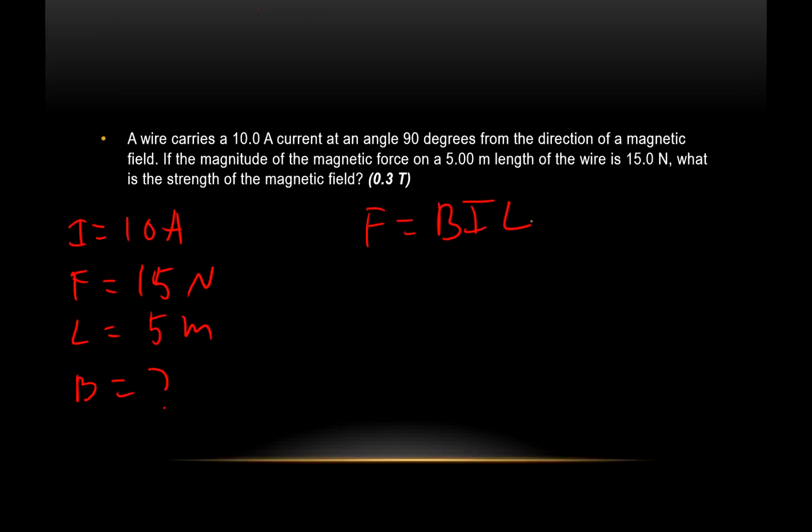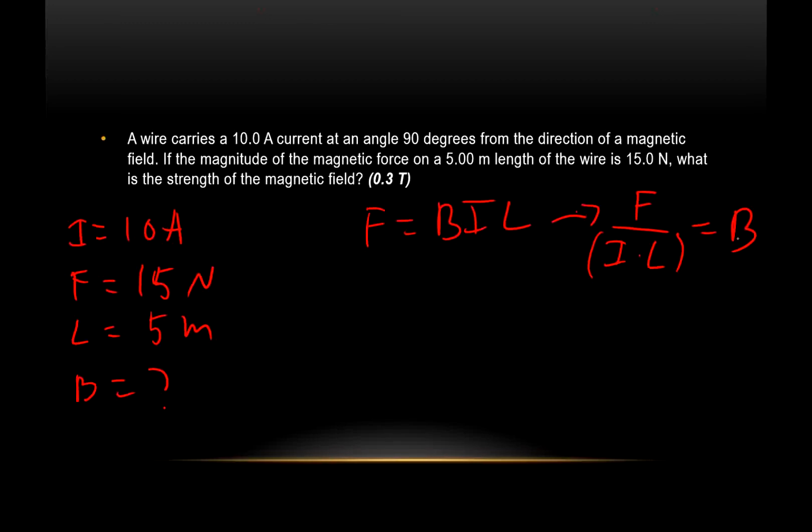If we want to get rid of that I and that L, we do the opposite of what's being done to it. They're all being multiplied together, so we'll just divide IL from both sides. That will give us F divided by I times L, I'll put them in brackets, equals B. Now B is by itself, now I can solve for B.